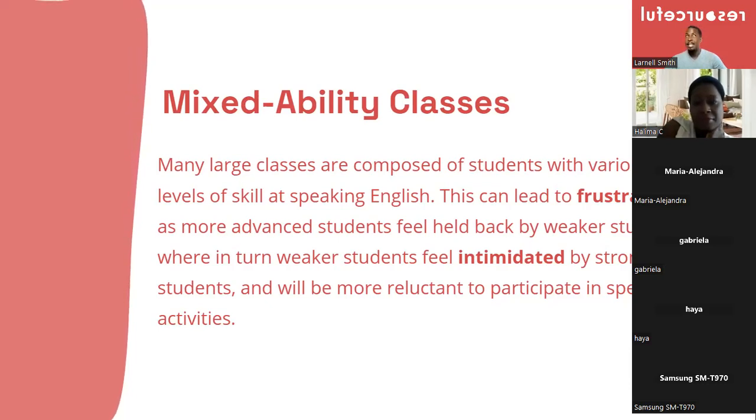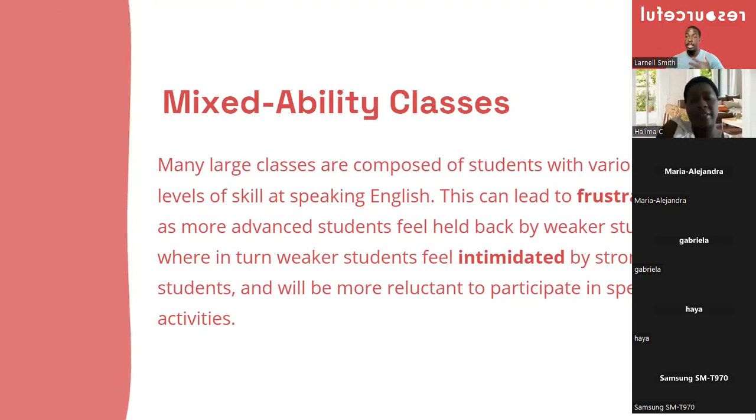I'll say something which I think is a bit controversial. Maybe people will disagree with me, but I don't think it's a good idea to put mixed students together in groups. For example, making a group of one strong student and three weak ones so that the stronger one will help the weaker ones. In my experience, it has never really been a good thing unless the stronger student has that pedagogical mindset and is willing to help.